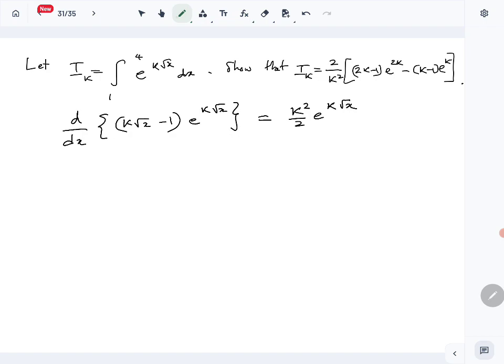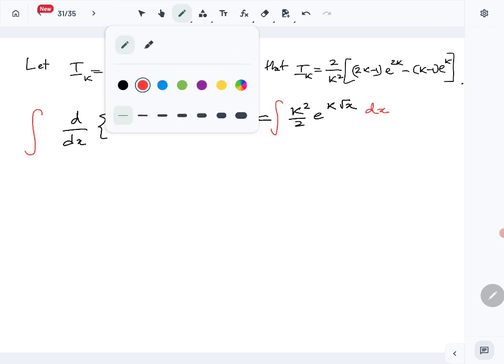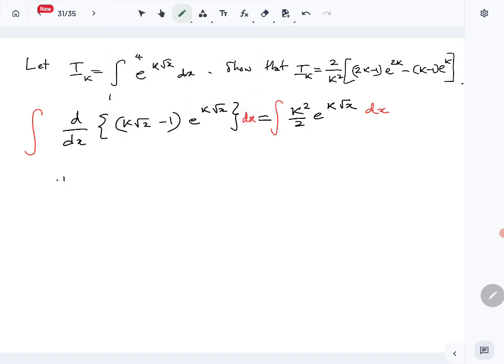Now take the integral of both sides with respect to x. Then what happens to the left hand side? The left hand side you get k square root x minus 1 times e to the k square root x.